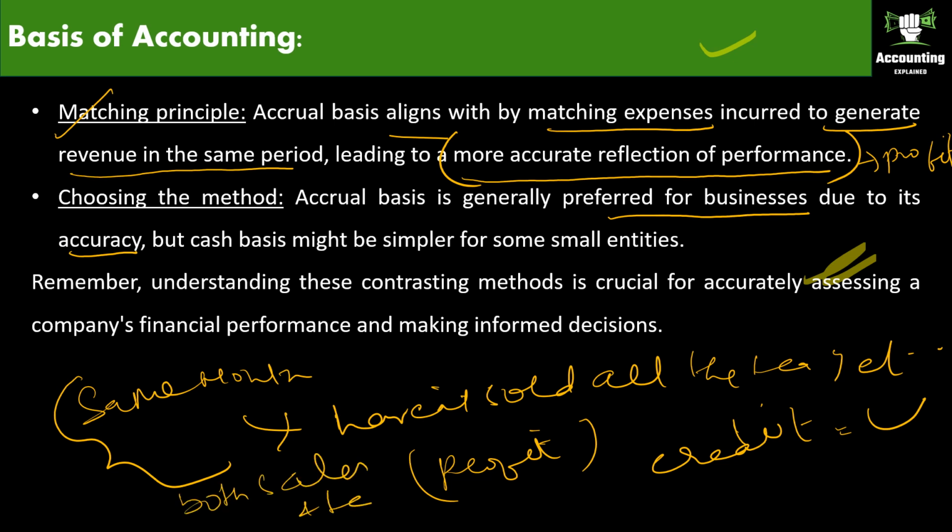and tea purchases. But cash basis might be simpler for small entities. What does cash basis do? It is simpler, but it records only when the customer pays cash, like tracking only the cash receipts from tea sales this month. Only cash sales it takes into account. It records tea expense only when you pay the supplier, like tracking only the cash paid for tea this month.